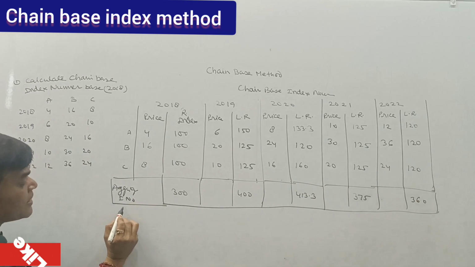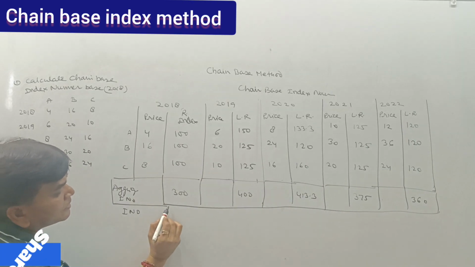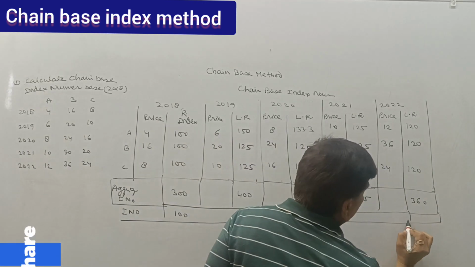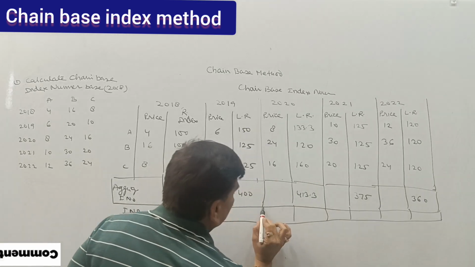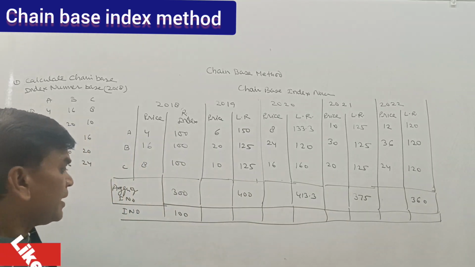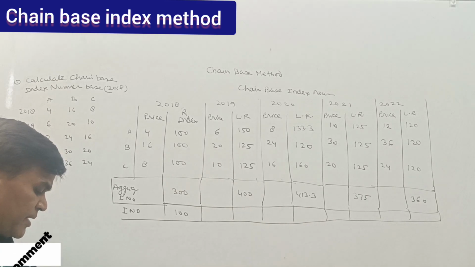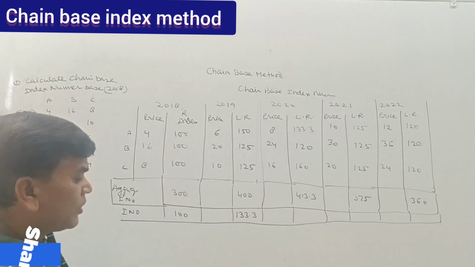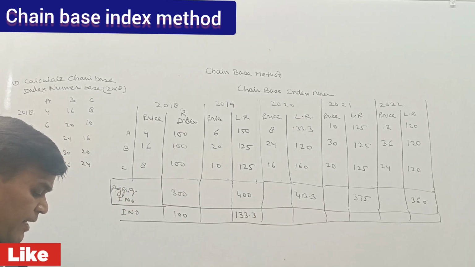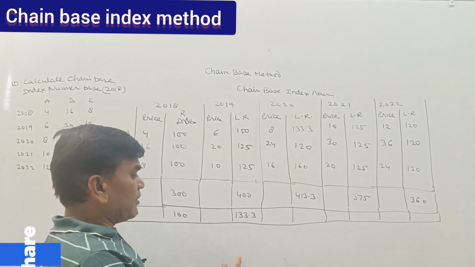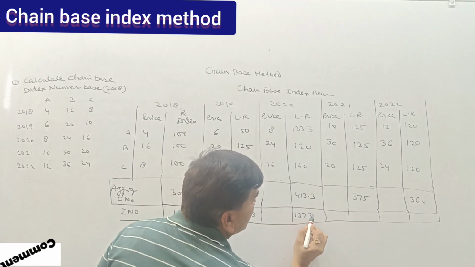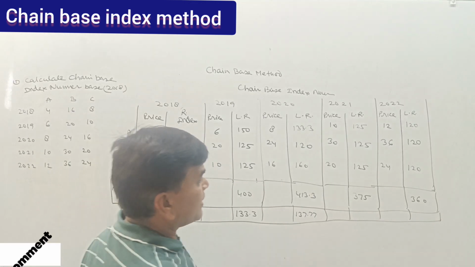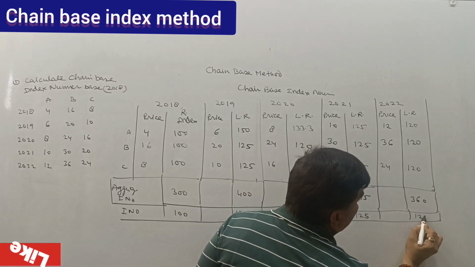Okay. So the index number, this is 300 divided by 3, that is 100, 400 divided by 3 is the average of this, 133.3. 413.3 divided by 3 is 137.77. 375 divided by 3 is 125, and this will be 120.